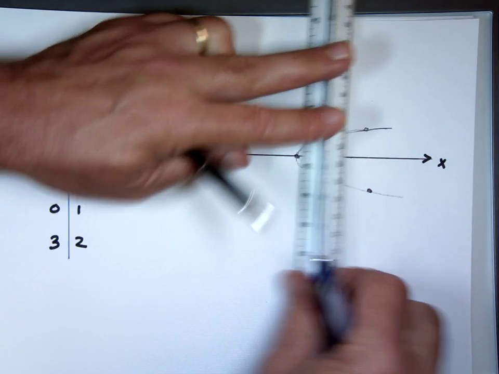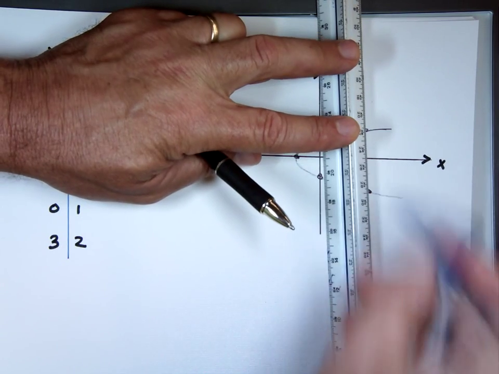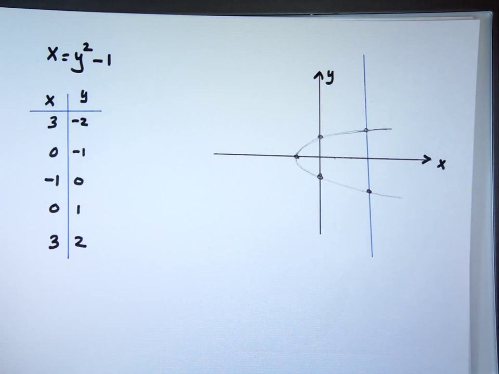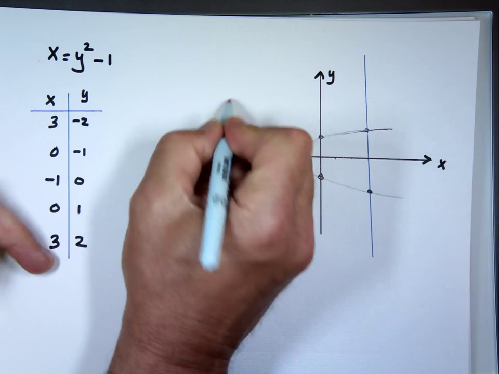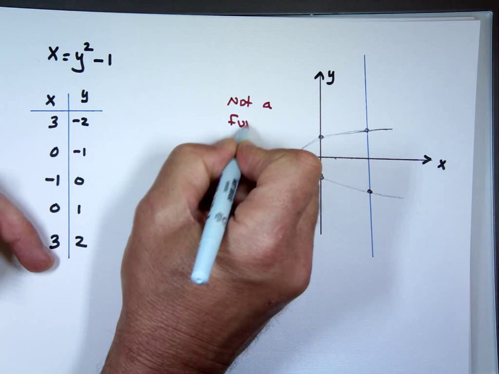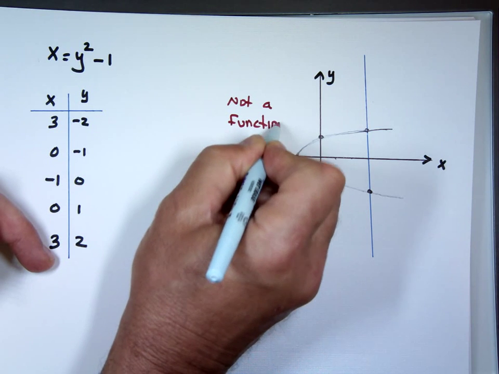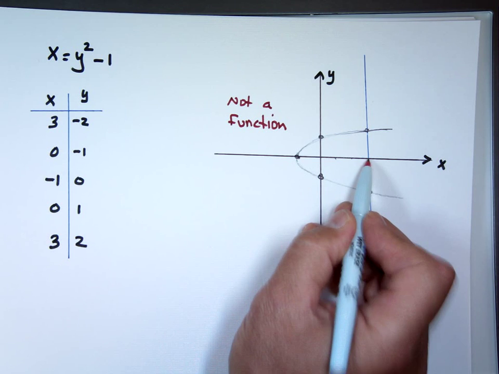Let's do a vertical line. I'll do this one. It intersects the graph at more than one point, so it's not a function. Why? Because this x value, the 3, happens to have two y values.